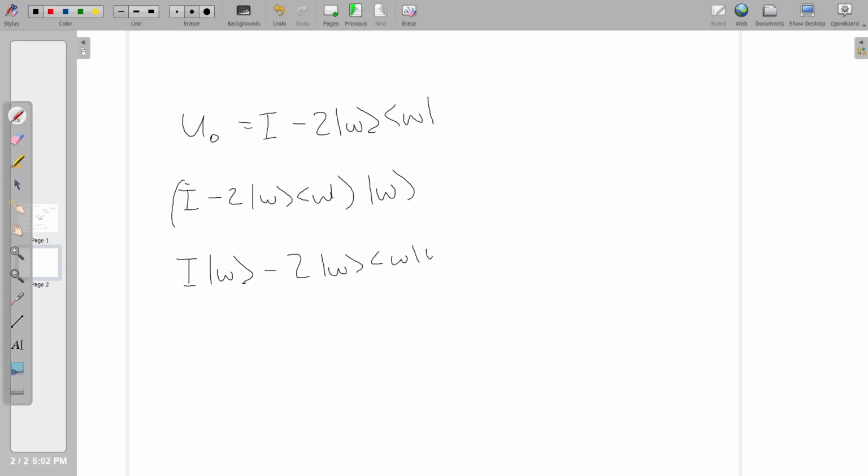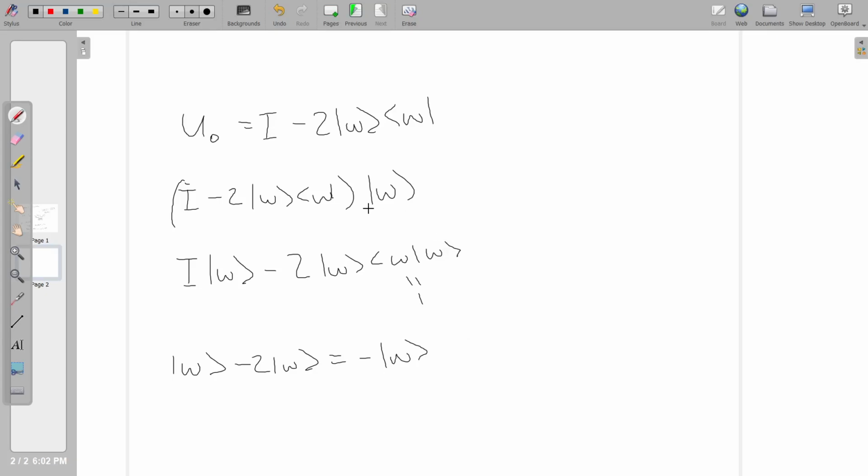Remember that because it's normalized, this just equals 1, and so we have omega minus 2 omega equals negative omega. I know this is omega, I shouldn't be saying w. That's probably going to annoy some people. And so we can see it flips the state.